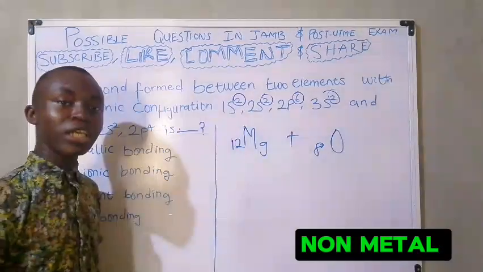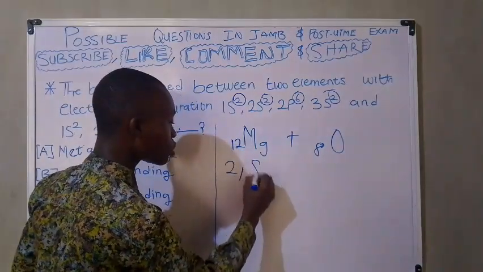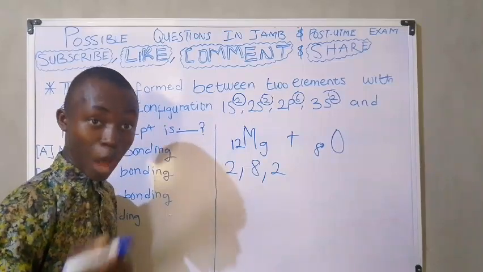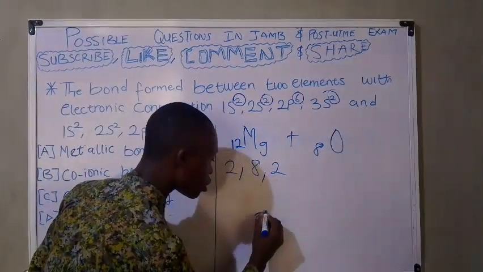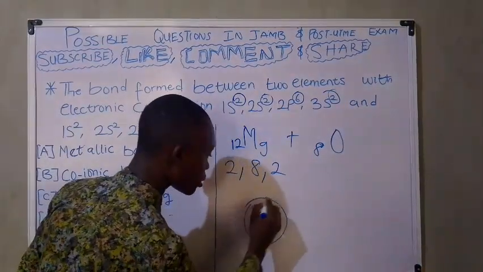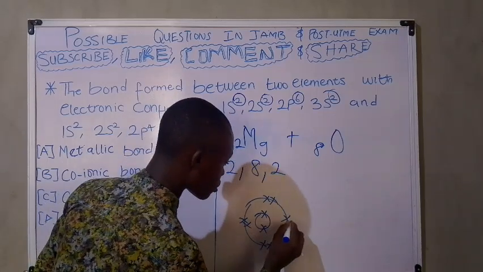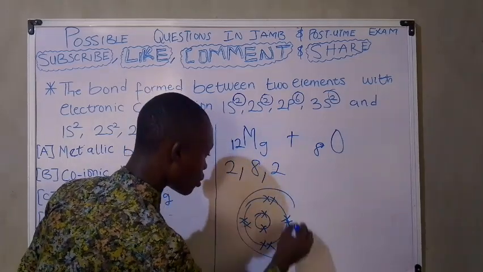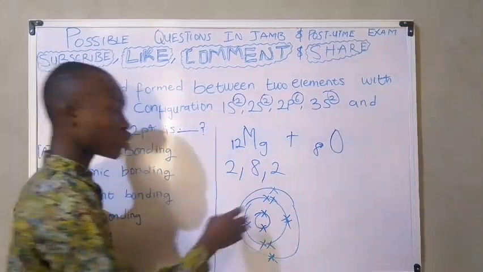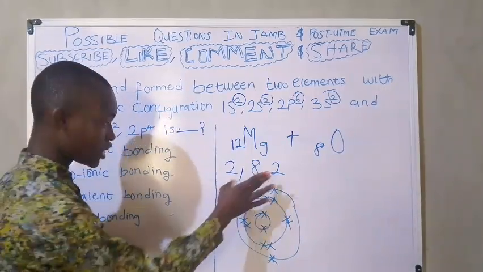Magnesium has the electronic configuration of 2,8,2: 2 electrons in the inner shell, another 8 electrons, and another 2 electrons in the outermost shell. You can see this is the electronic configuration for magnesium.